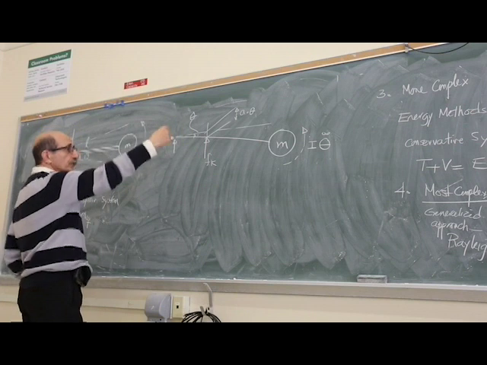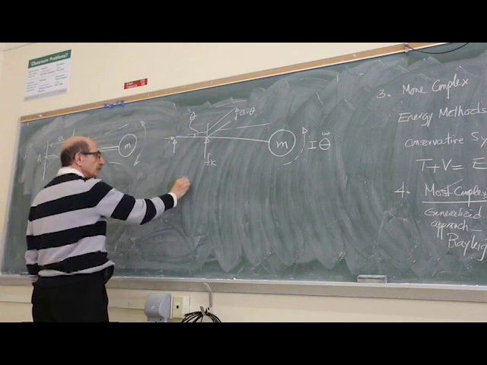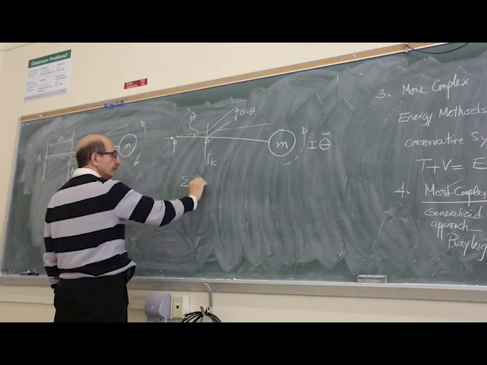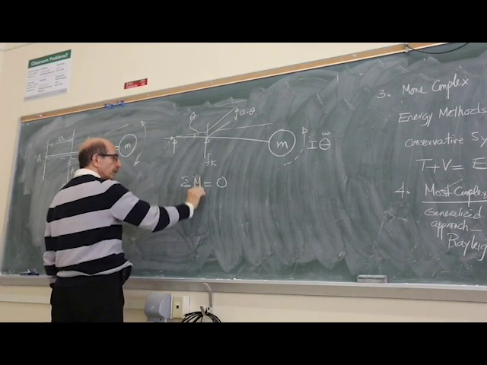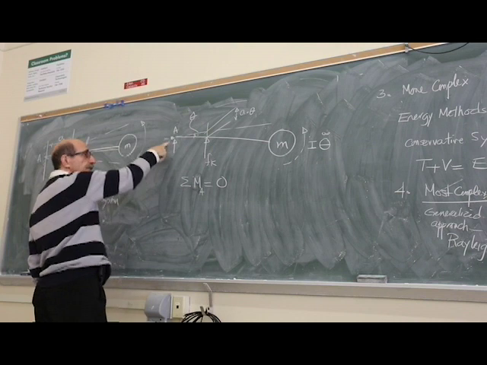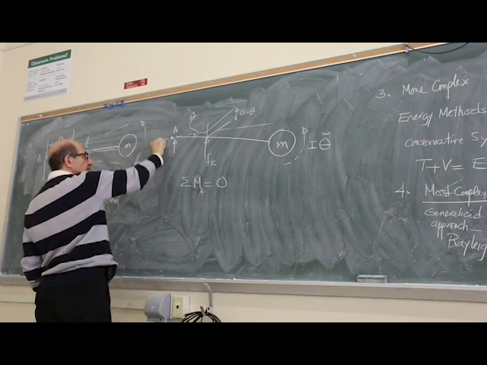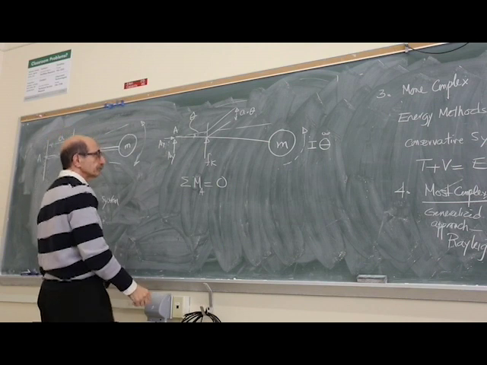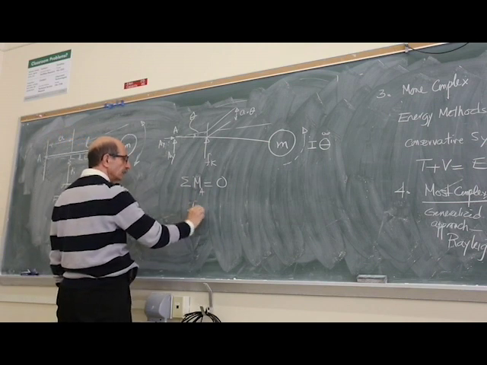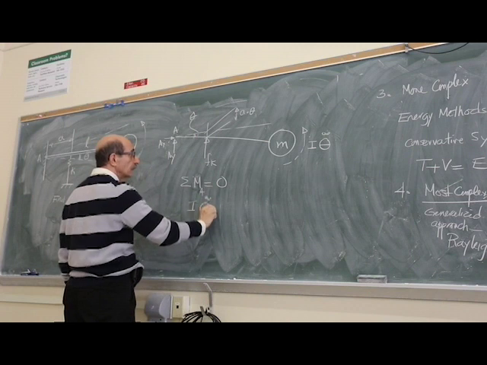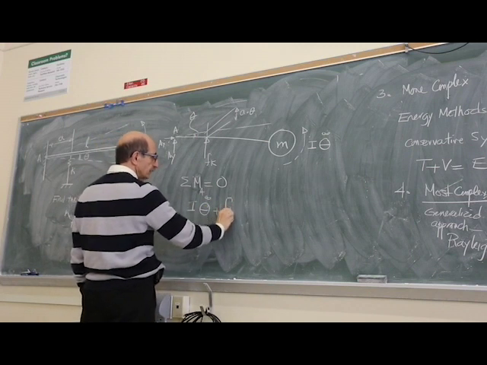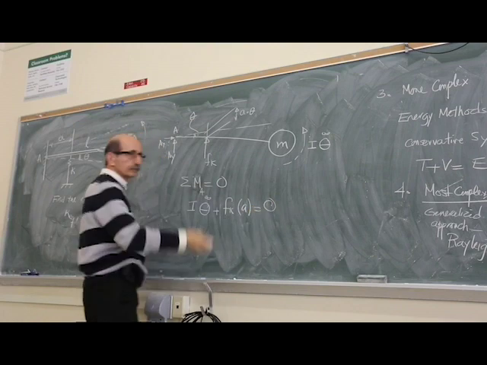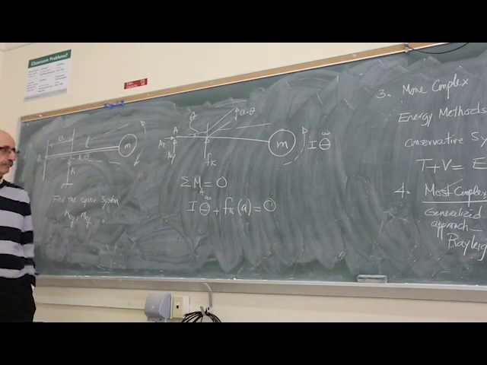So let's write the summation of moments about A equal to 0. You can get rid of these two forces that you don't need, okay? So if you write that, you have I theta double dot plus the force of K times A is equal to 0, if this is freely vibrating.